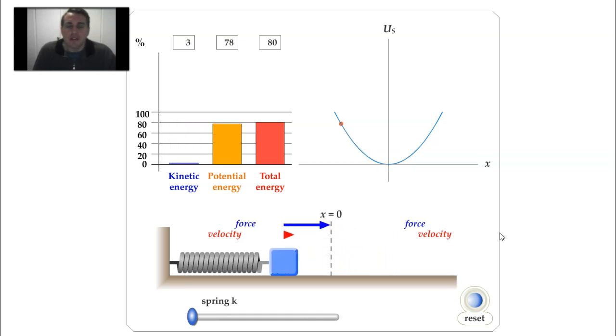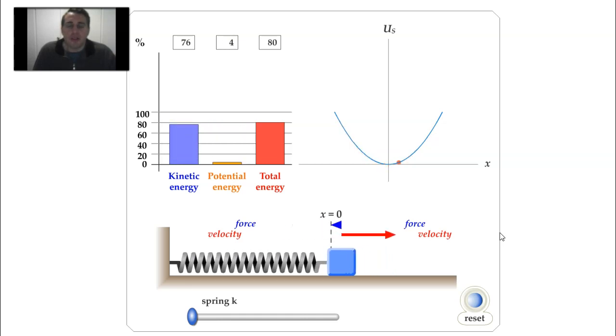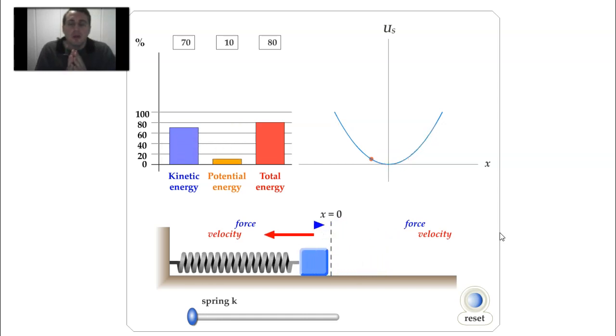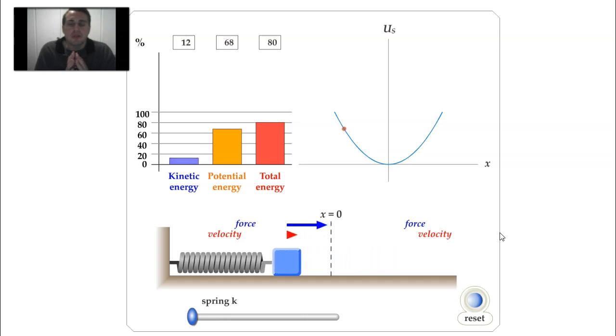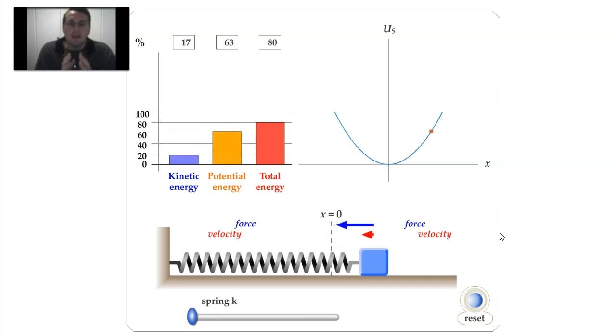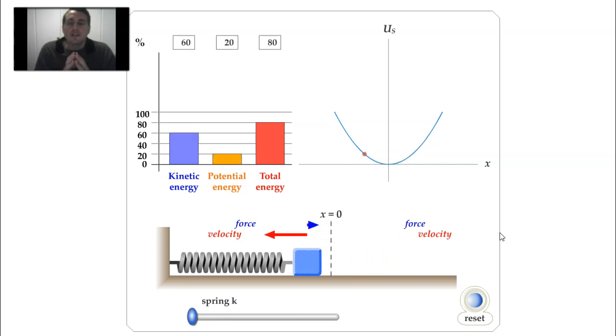Okay, notice that the velocity is 0 when the object is fully elongated or fully compressed, but when it's moving through equilibrium position, that is x equals 0, the speed is maximum. Notice the total energy remains entirely constant.